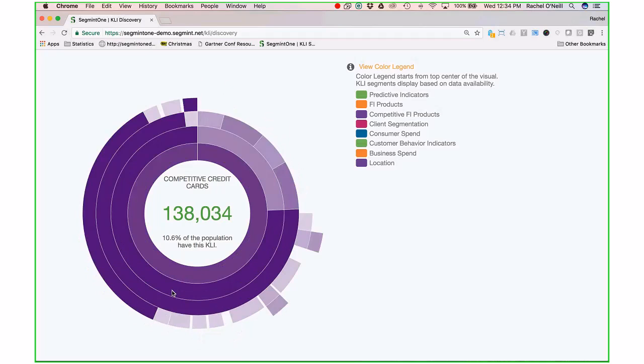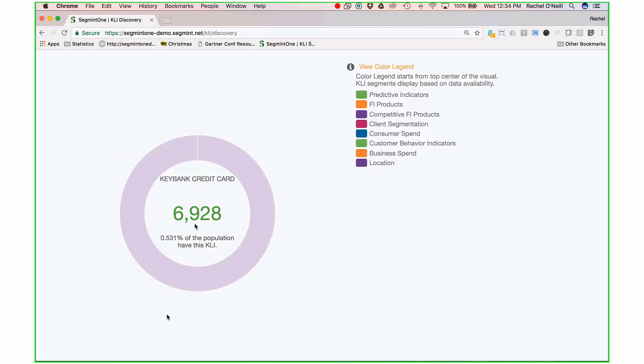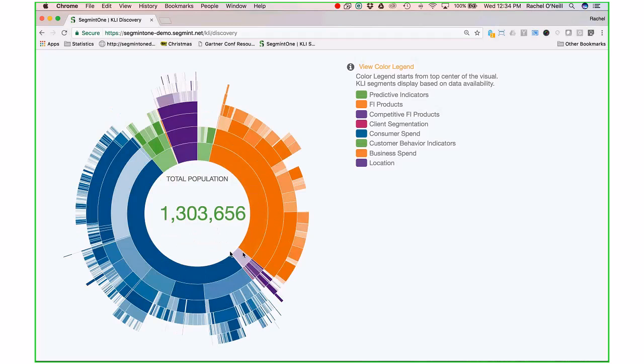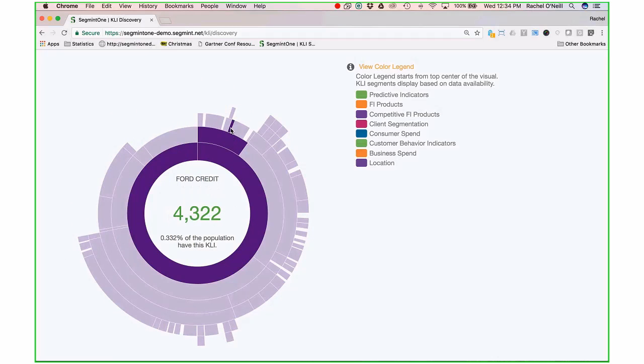I can see down to the issuer level, down to who's got a particular, say, Key credit card, or who's making an auto loan payment to Ford Credit, or who's making a payment to another institution. And anywhere along this pathway, I can find these individuals and deliver messaging to them.